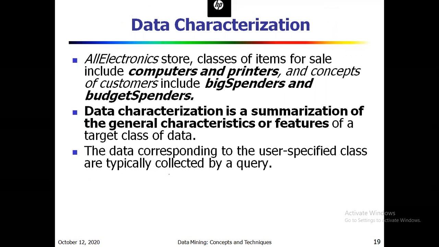First we see data characterization. We move on to the example of an electronics store, where the classes of items for sale are computers and printers, and the concepts of customer are big spenders and budget spenders. Data characterization is the summarization of the general characteristics or features of a target class of data.